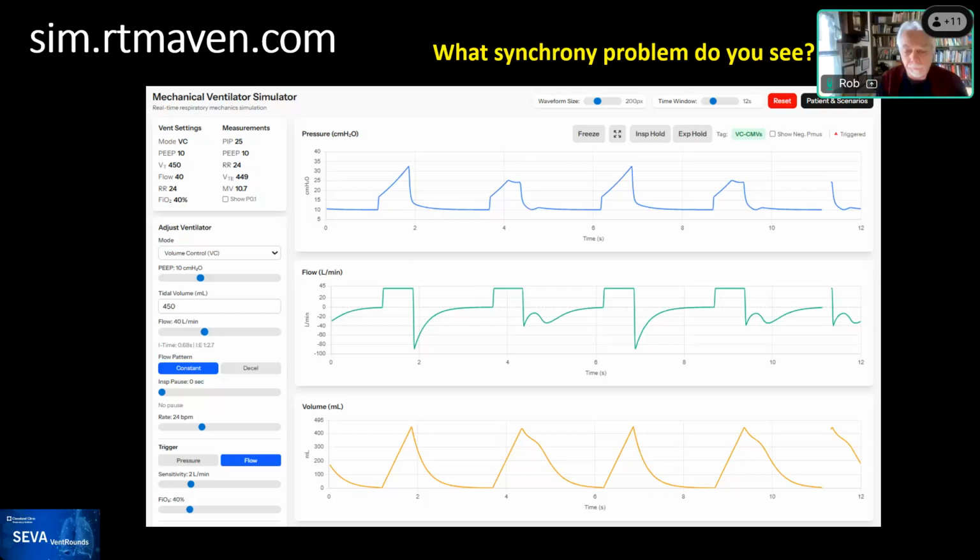Yeah. Well, as I said, these are ideal waveforms, meaning this is an ideal volume control machine or an ideal pressure control mode, which means that you don't get any of the distortions that you would normally see from, let's say, tubing compliance or moisture in the circuit, so there's no noise and no vibrations.